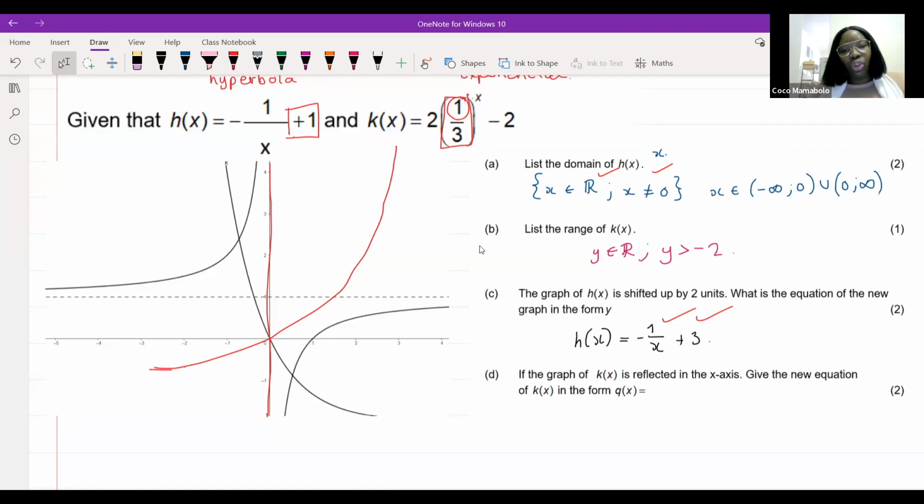So what's my new equation going to be? I'm going to get q of x is equal to, instead of 1 over 3, I'm going to get 2 times 3 over 1 to the power of x minus 2. Or we can just say 3 divided by 1 is just 3, so we can just put 3. All right, and that's the final answer.